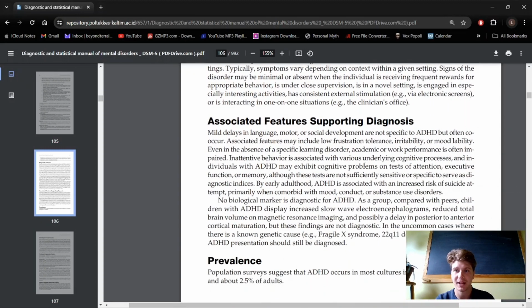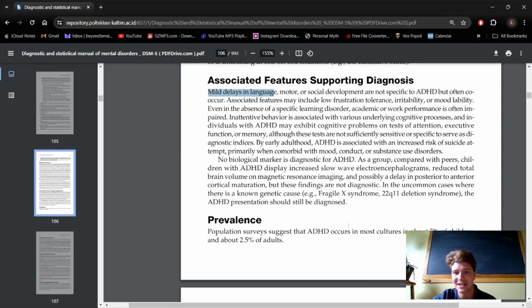Associated features supporting diagnosis: there are other factors, delays in language, motor, and social development. That's not specific to ADHD, of course, but they co-occur, right? So you often see ADHD get diagnosed alongside autism and other disorders as well. ADHD can sort of be tacked on to any sort of problem kid in the classroom, and there's always a couple of them.